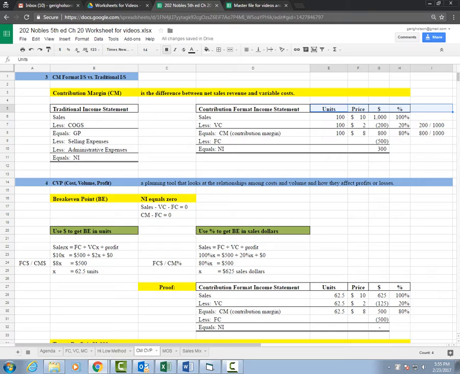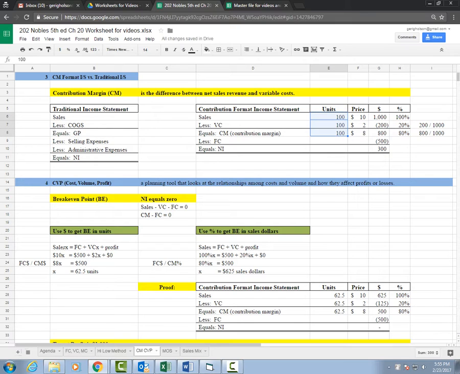Okay, so let's just walk through how the math works on it real quick. I'm assuming that I'm going to sell 100 units at $10 a piece for a total of $1,000. Sales is always 100%, period. No questions asked. My variable cost, if I sell 100 units, I have to figure out the variable cost for 100 units and the contribution margin for 100 units.